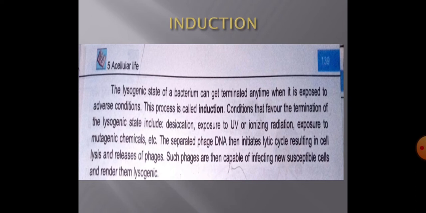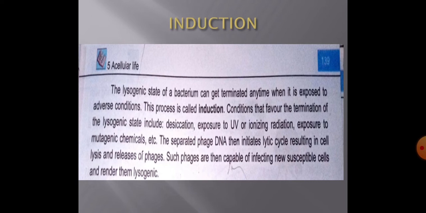So induction is basically the activation of the phage DNA, because of conditions that favor the termination of the lysogenic state, like desiccation, which is dehydration or deficiency of water, exposure to ultraviolet rays or ionizing radiations, and exposure to mutagenic chemicals. Mutagenic chemicals are those chemicals which may cause mutations.